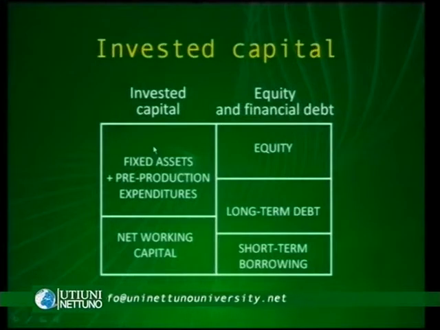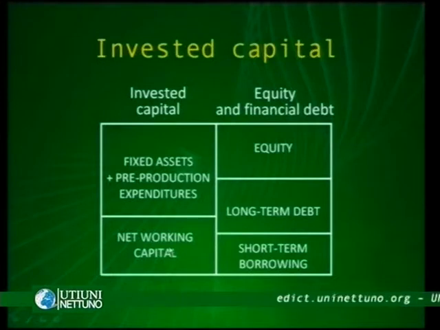This new representation of the balance sheet of the project has the advantage of evidencing what is defined as invested capital. The invested capital is defined as the sum of fixed assets plus pre-production expenditures and net working capital.